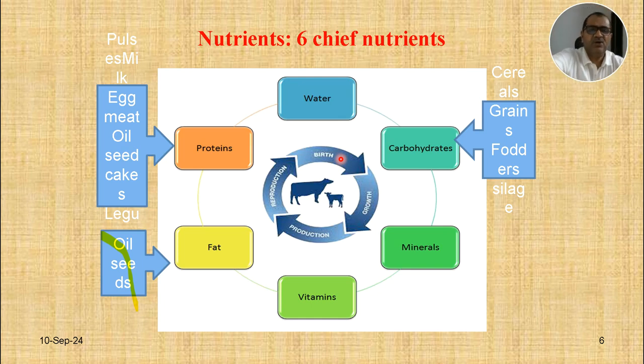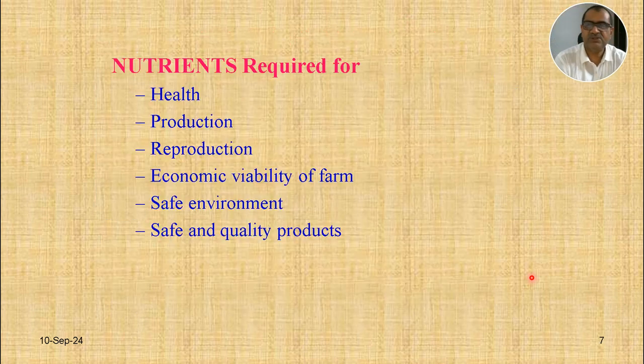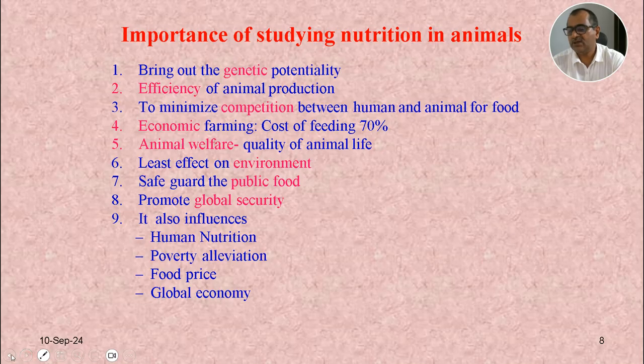Hence this cycle is always required and supplemented by nutrients like water, carbohydrate, minerals, vitamins, fat, and proteins. So this is a circle. Why are nutrients required? Number one is the health, proper maintenance of the health.